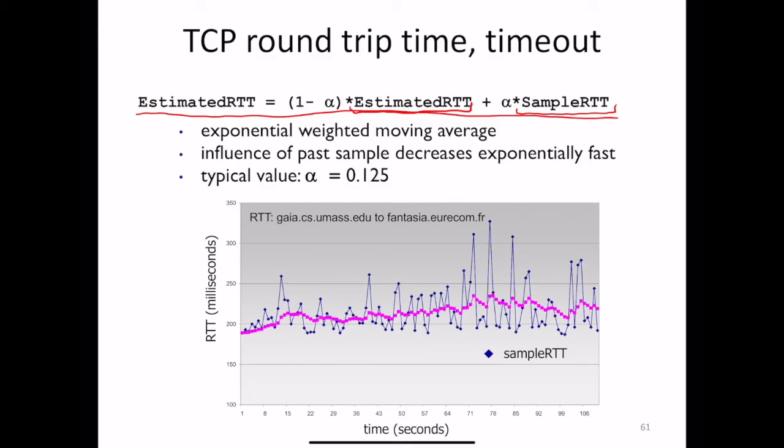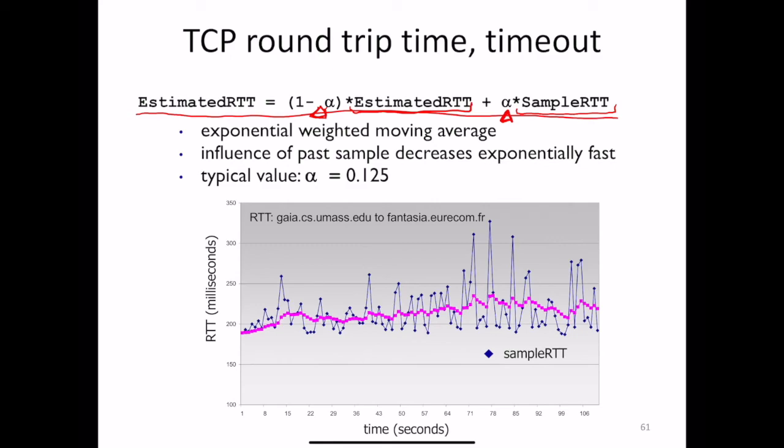We also give a different weight to each element. In this equation, we give alpha to the sample RTT and 1 minus alpha to the previous estimated RTT. In order to better understand this equation, let's see this figure.